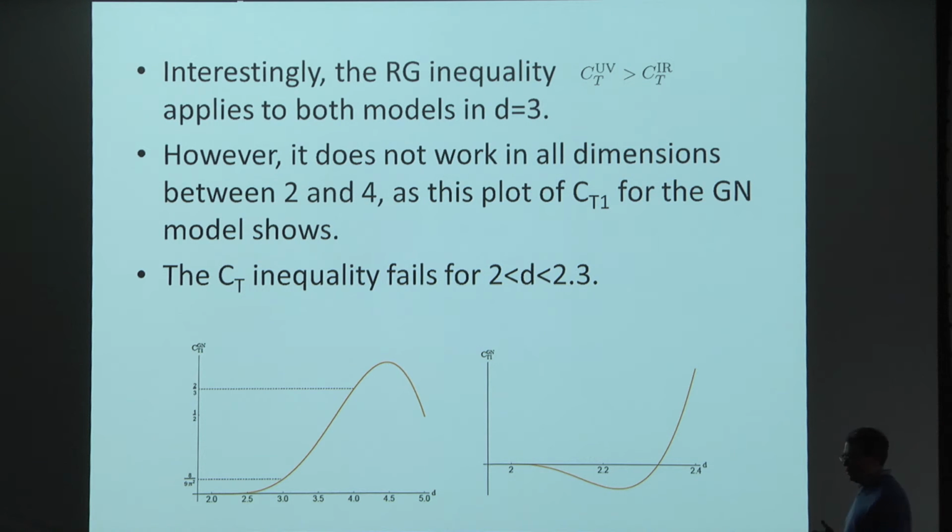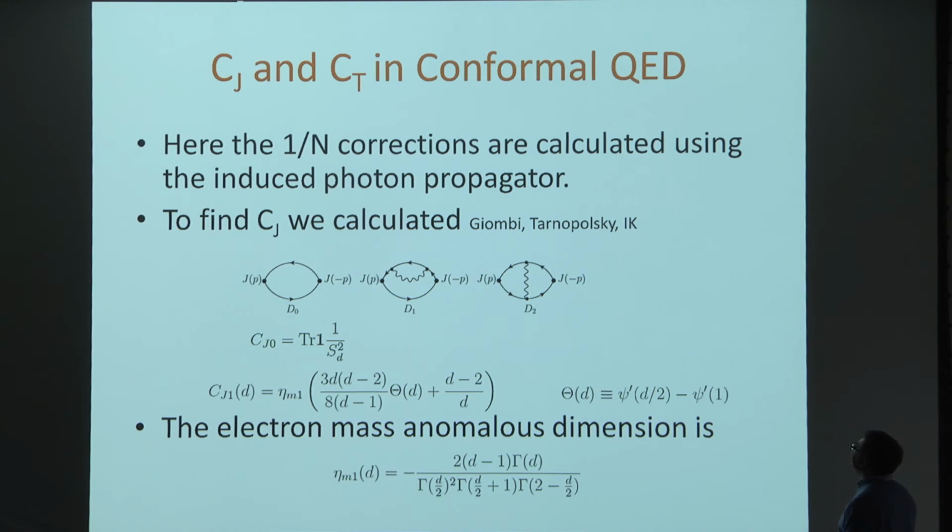There is one known supersymmetric counterexample to this inequality in 3 dimensions, and when we embarked on this, we thought we would find more, some non-SUSY counterexamples, but we haven't found any. All these examples do obey this inequality.